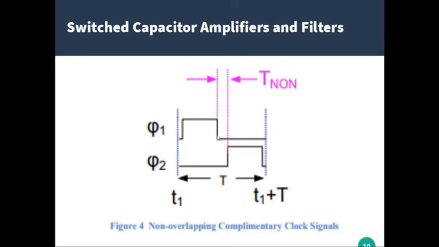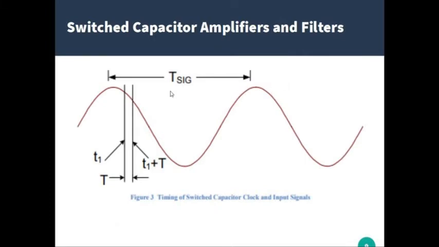They will not overlap. Phi sub 2 will start some time after phi sub 1 ended. So this is called the non-overlapping time, or t sub none. So this is T when compared to the whole signal.